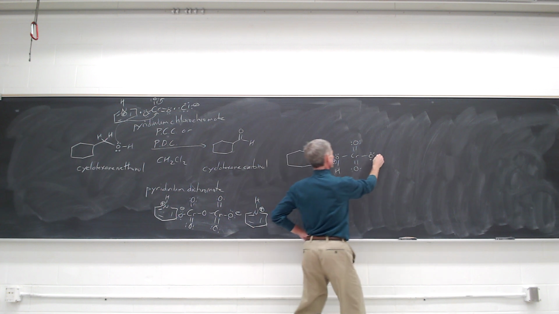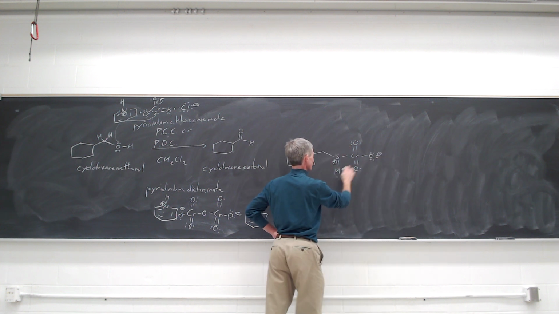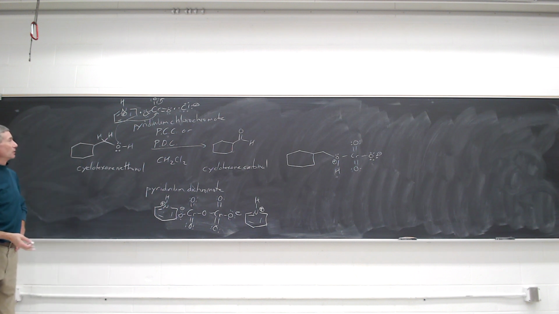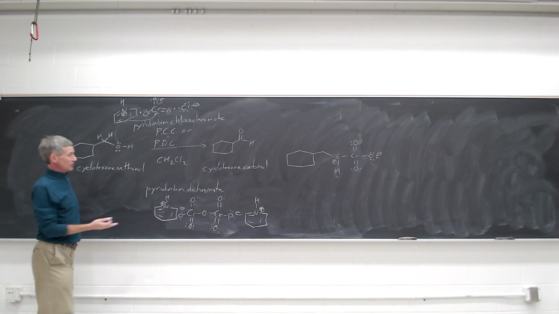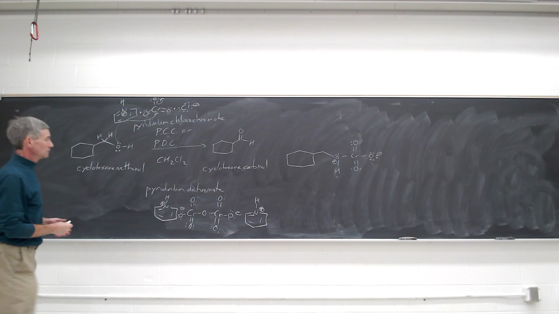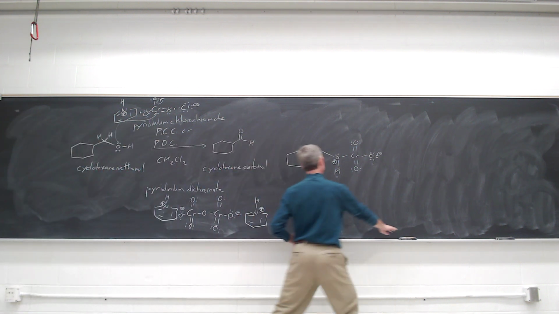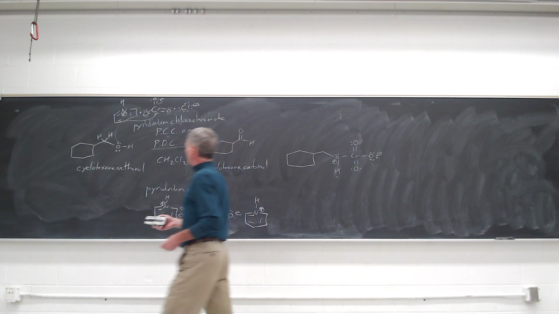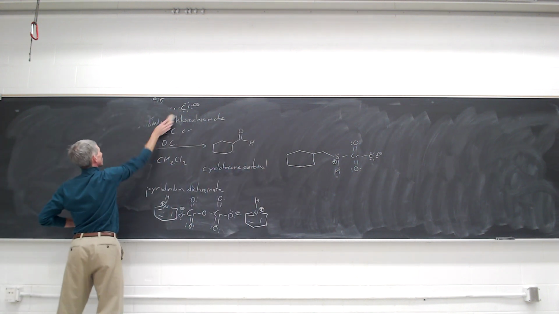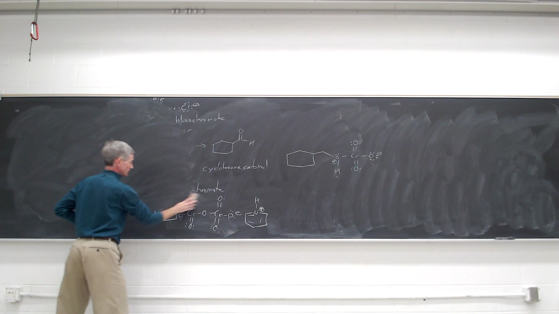We do a couple of proton transfers to get this hydrogen from here to there, and we're back to the chromate ester, and then we do the E2 elimination. So the key to this is non-aqueous and neutral conditions. So that's the oxidation of primary alcohols to aldehydes and secondary alcohols to ketones using chromium-6 reagents.